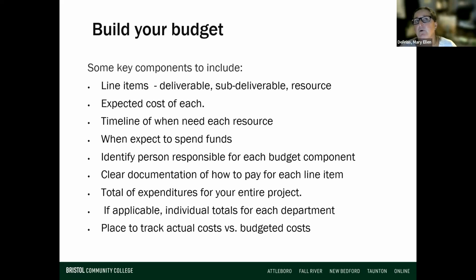Because that will help you also with your cash flow, right? If I need to have everything at once, then that's fine, but that means you need all of your money up front. And remember, if you're borrowing money, you're paying interest on it. So a lot of times you don't want to draw it down until you know you need it. Okay. And banks like to know when you expect to spend the funds.